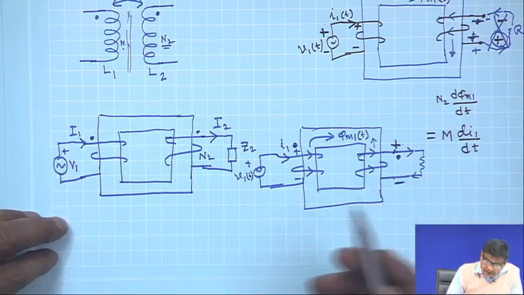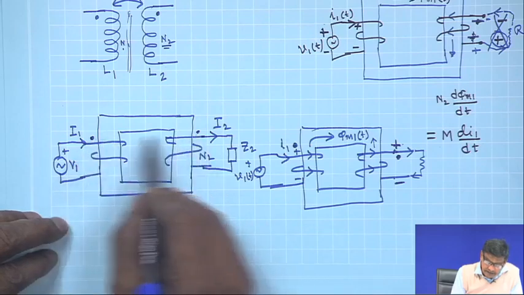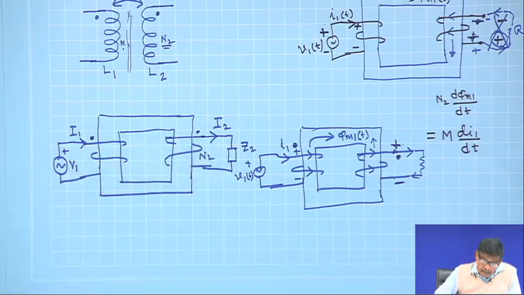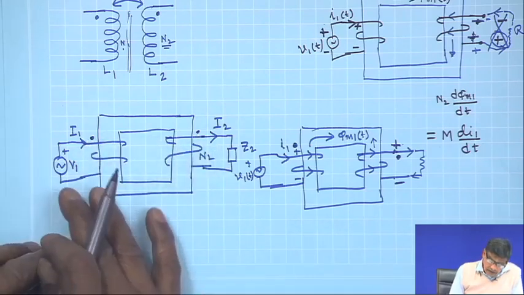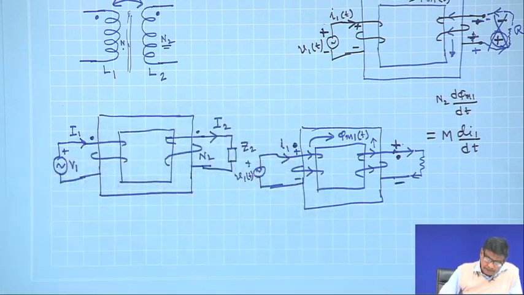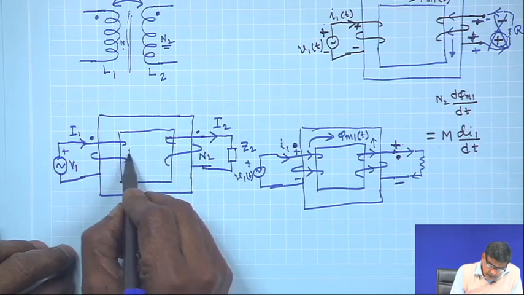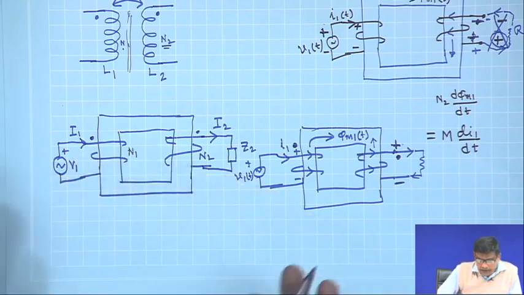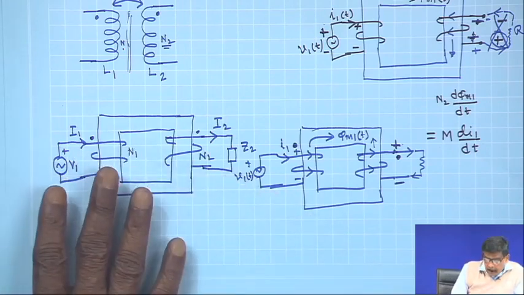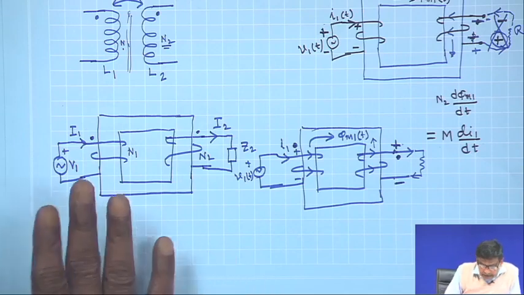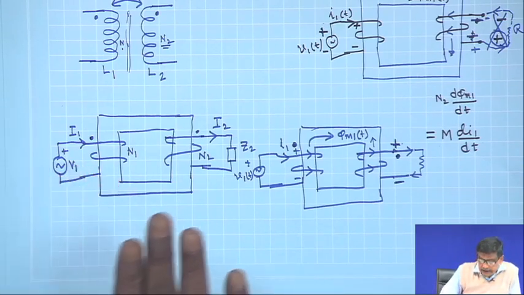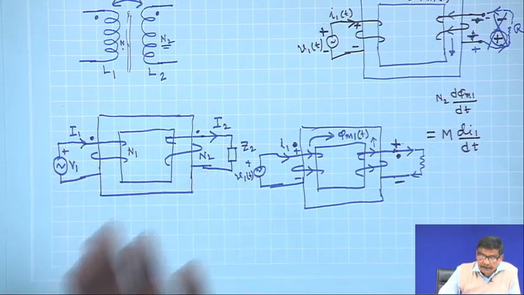To be consistent with Faraday's law, this is done. So, this is the circuit, and this is N1 turns. Our plan will be, I will write down the KVL equation of the primary side and the KVL equation of the secondary side.